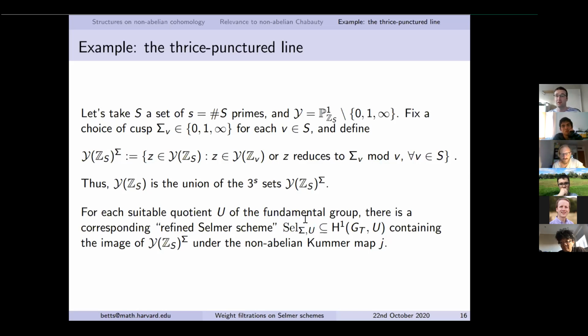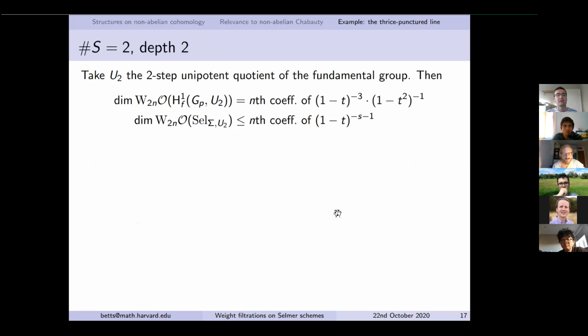And it turns out we can actually understand what these things are. So let's start off with a relatively simple case. Let's take the maximal 2-step unipotent quotient of the fundamental group. This is a central extension of Q_p(1) squared by Q_p(2). Using Soulé vanishing and a bit of bookkeeping via Hilbert series, what one can show is that this weight filtration on these Selmer schemes is supported in even degrees, for maybe obvious reasons.